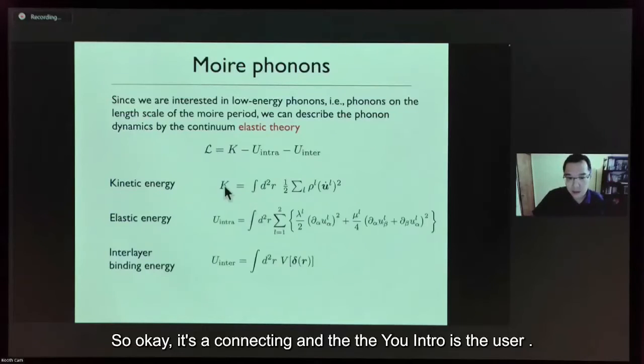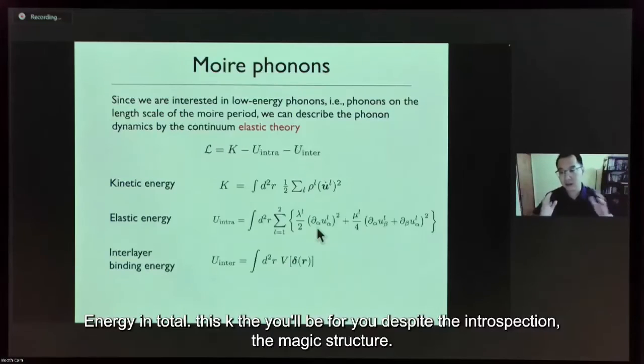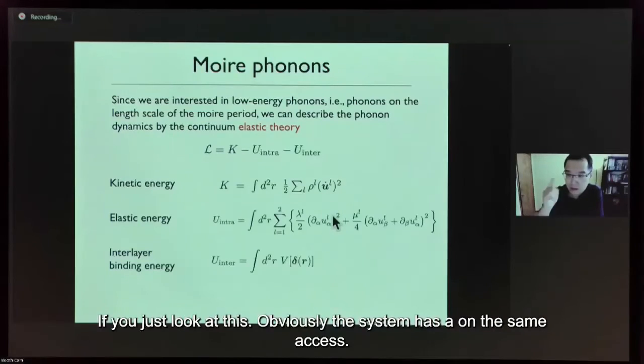In total, K minus U_intra will describe the intralayer phonon motion, and we're going to use elastic theory. In that case, we're going to basically ignore the lattice structure. And then if you just look at this, obviously the system has a rotation symmetry around the z-axis.